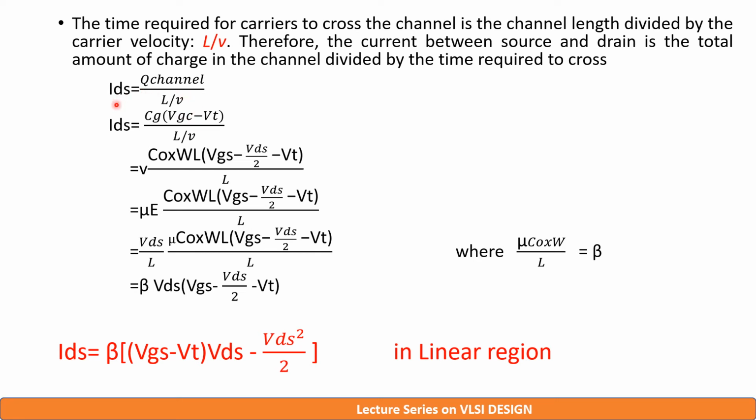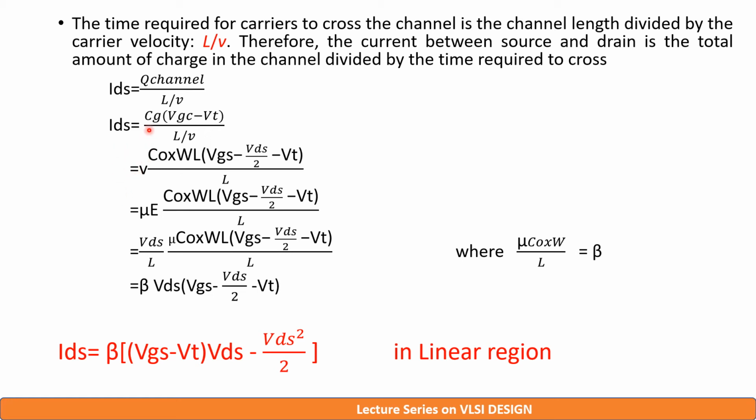Therefore, current between source and drain is the total amount of charge in the channel divided by the time required to cross the channel. Charge in the channel is Cg into Vgs minus Vt, and the time required to cross the channel is L by V, that is distance by speed. Distance covered by the carrier is channel length L, and speed is velocity V.